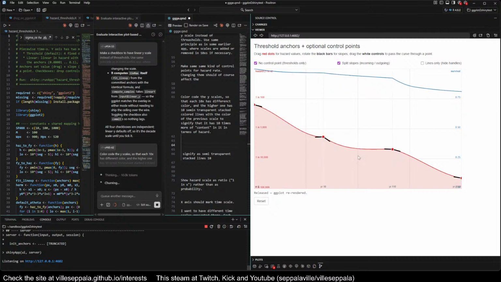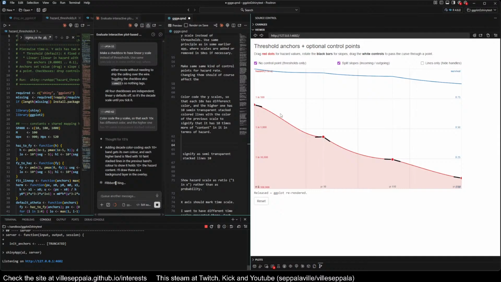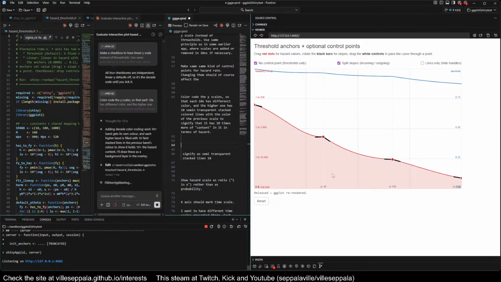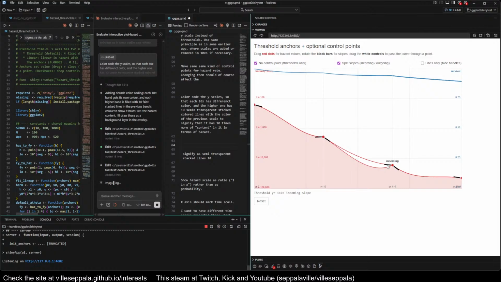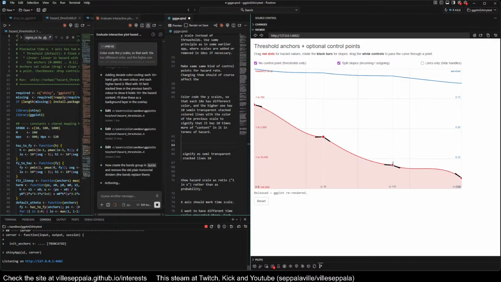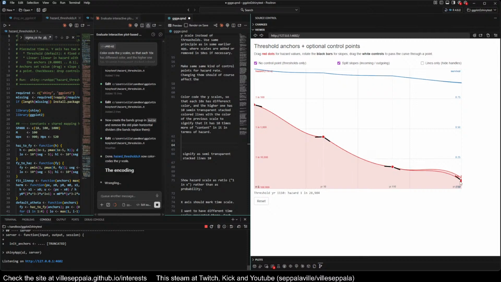Yeah, I think I'm going to do this for the X scale as well, but is there going to be too much color if there's color going both sideways and so on?